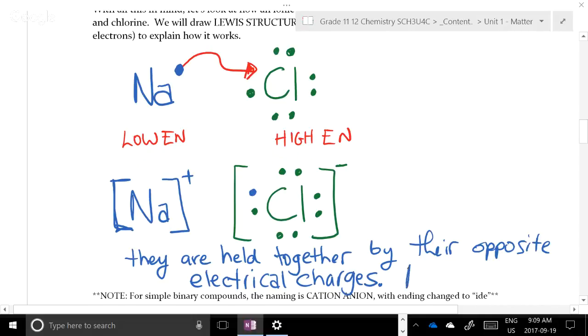Right? And we call that an ionic bond. That's all an ionic bond is. You've made a positively charged ion, you've made a negatively charged ion, and they're going to be attracted to one another because they have opposite charges. Any questions about that?